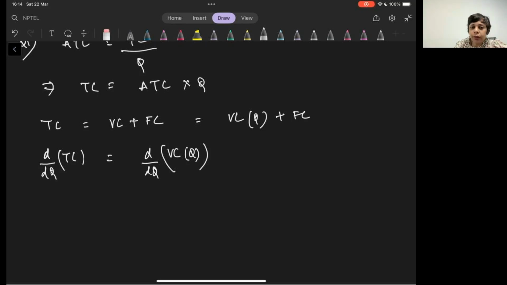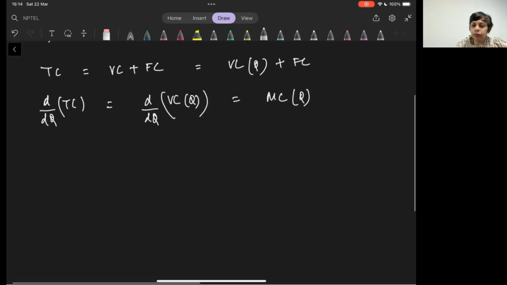And what is d by dq of variable cost? That is marginal cost as a function of q, let's say, right? Therefore, if you're talking about short run, you have different marginal cost functions for each short run.